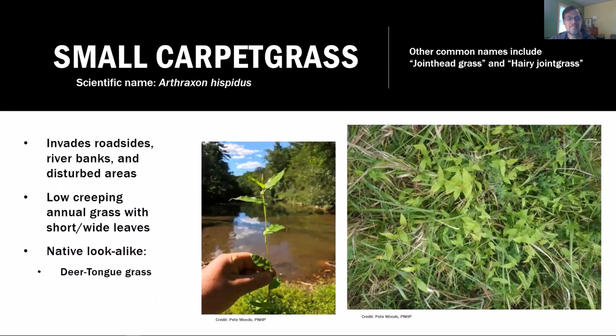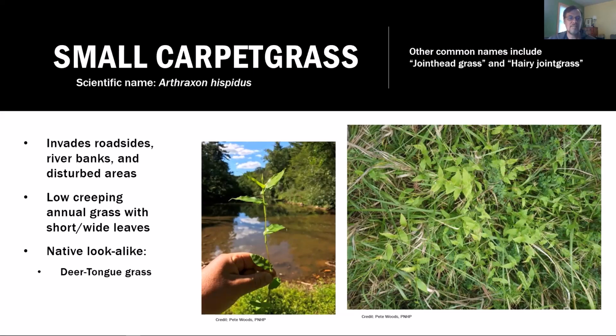Next, this is small carpetgrass, Arthraxon hispidus. This is a newcomer along the southern edge of Pennsylvania. It's an annual grass. It's low growing. It starts out as kind of an upright stem, but then it flops over a little bit as it gets too tall to keep itself upright.